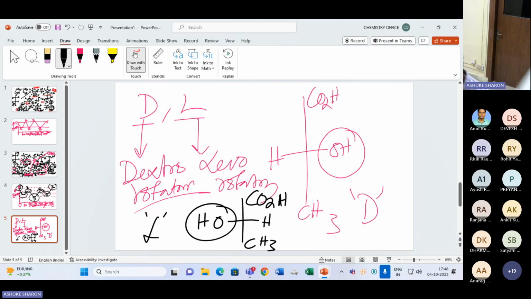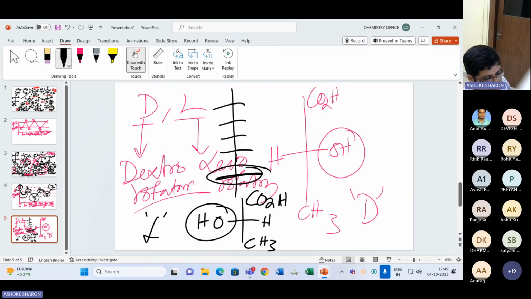So the first criterion is that you have to draw the longest carbon chain in the vertical line. Then you have to consider the last one, because if there is multiple connectivity, consider the last one. In that case, check on which side the highest priority group is, either right side or left side.